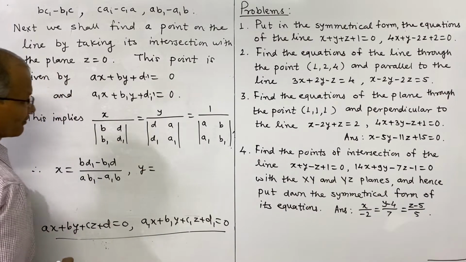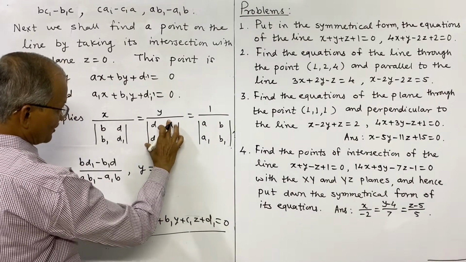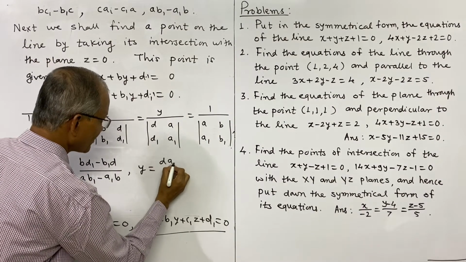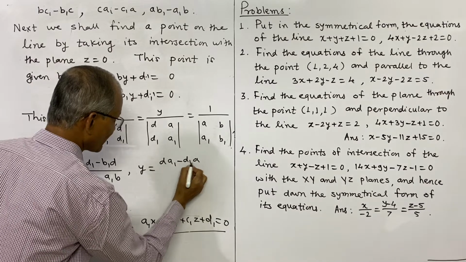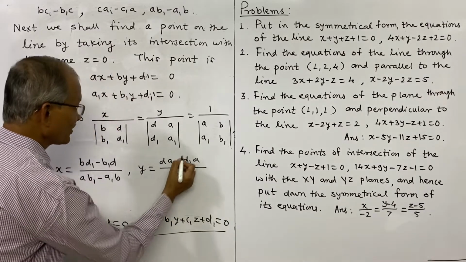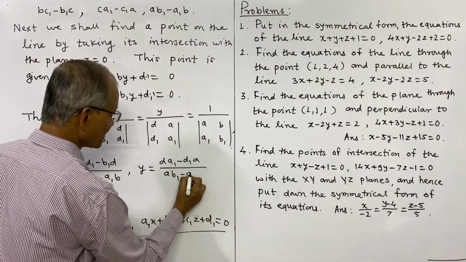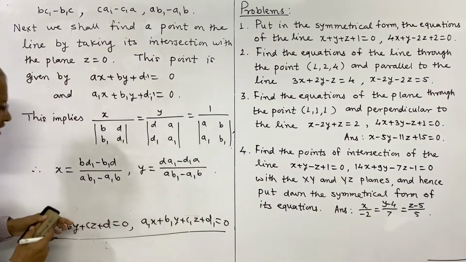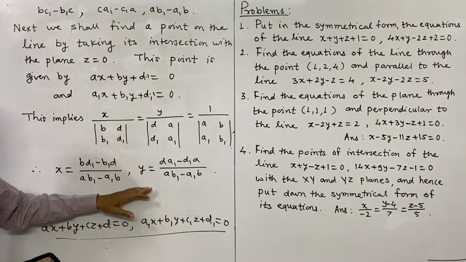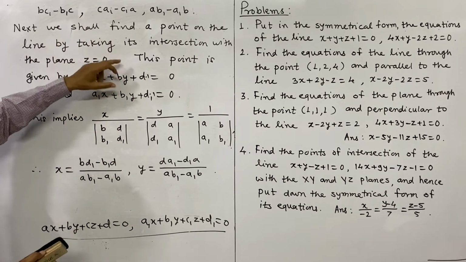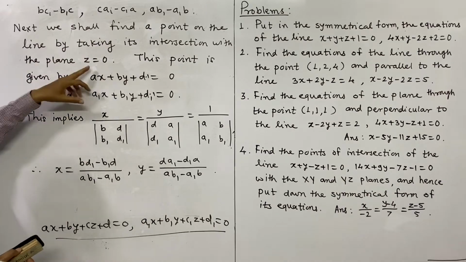Y is equal to, again shift this denominator here, and its value is da1 minus d1a divided by the same denominator, ab1 minus a1b. So thus we obtain the x coordinate and y coordinate, and z coordinate is 0 because the intersection is taken with the plane z is equal to 0.